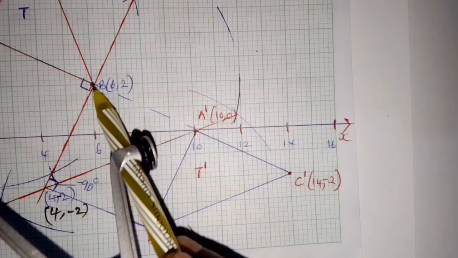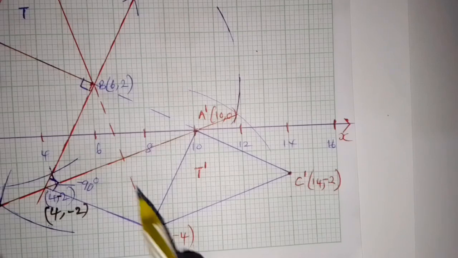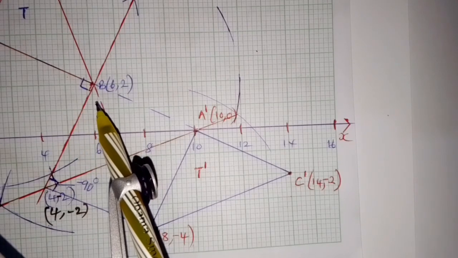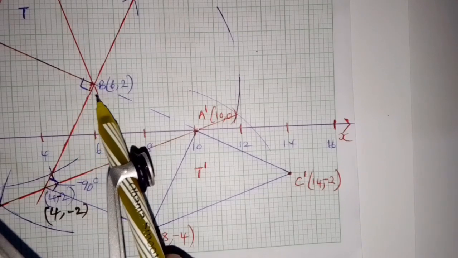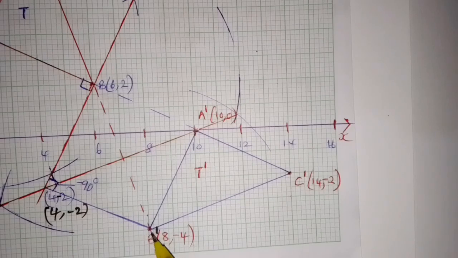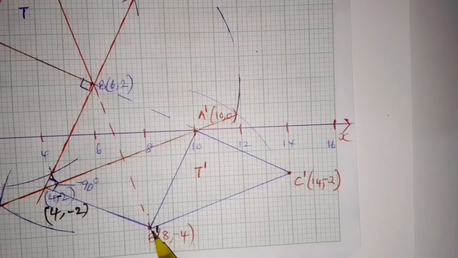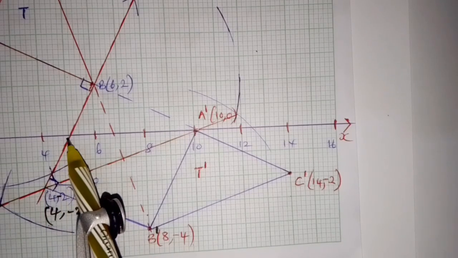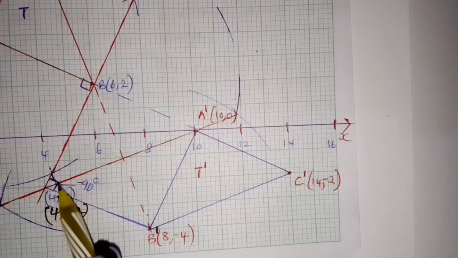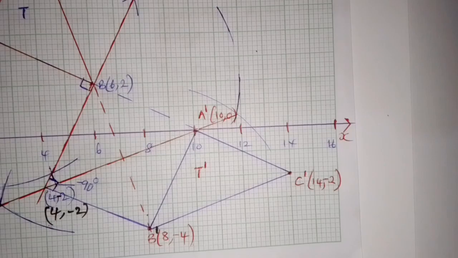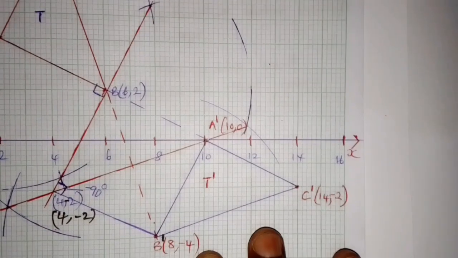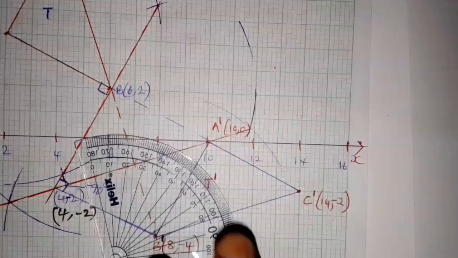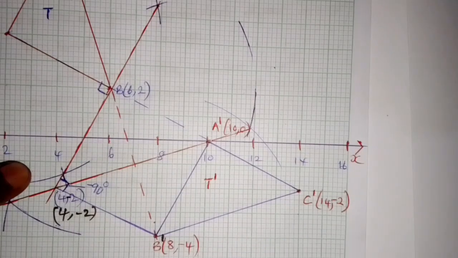We also join point B prime to the center of rotation using a line like this, and the two lines meet here. Now we want to get this angle here. We use this protractor to get the angle.